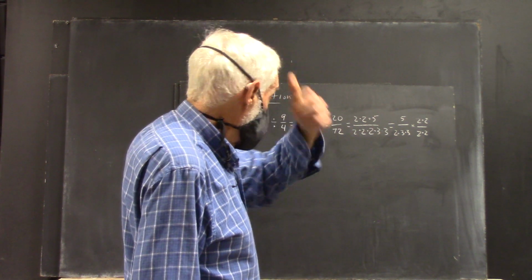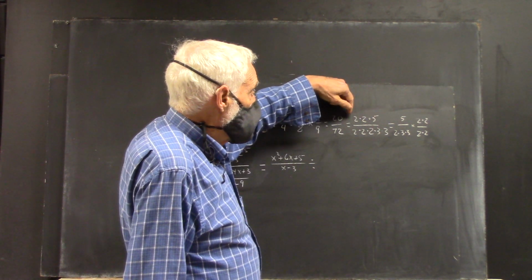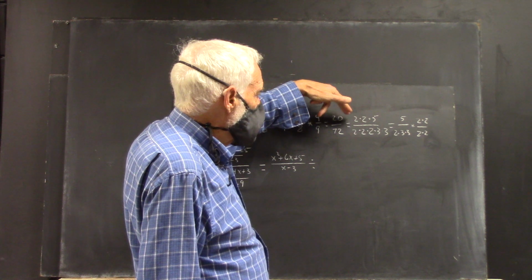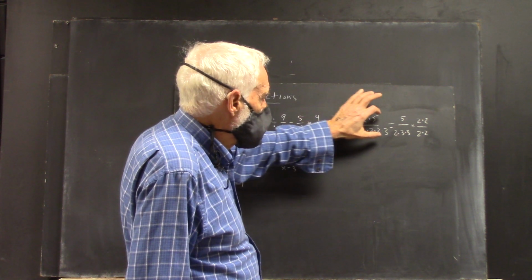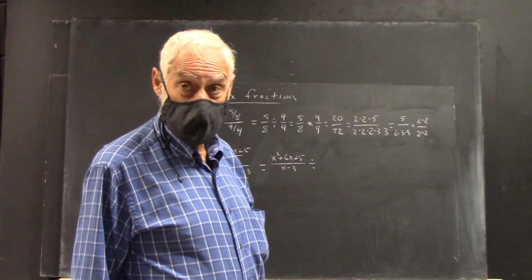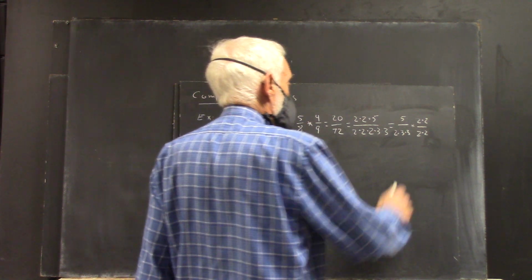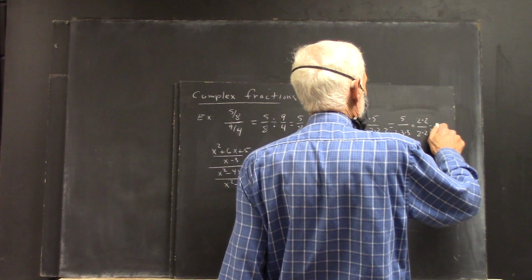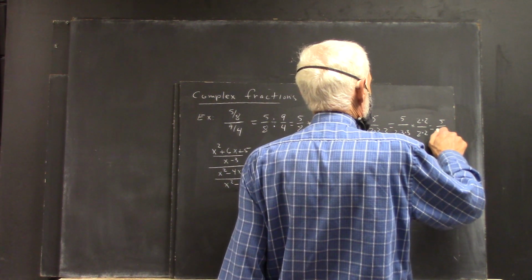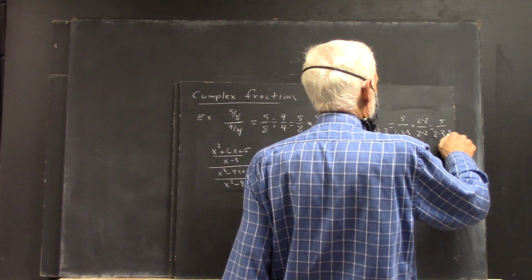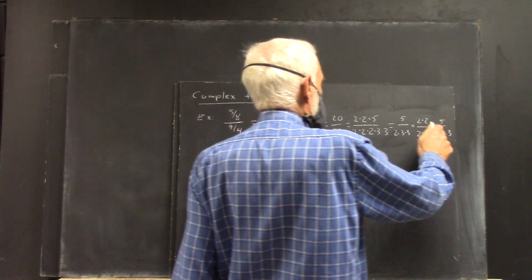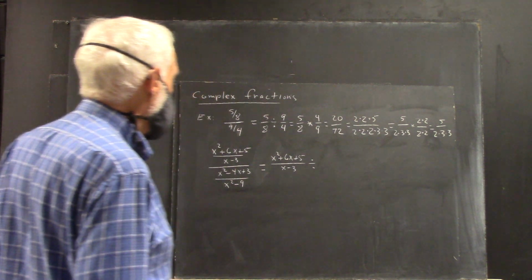And what we're looking at is we're taking the maximum number of factors from the numerator and denominator that match up. 2 times 2 over 2 times 2 is 1, so this is 5 over 2 times 3 times 3. Of course, that's 18, so that's 5 over 18.